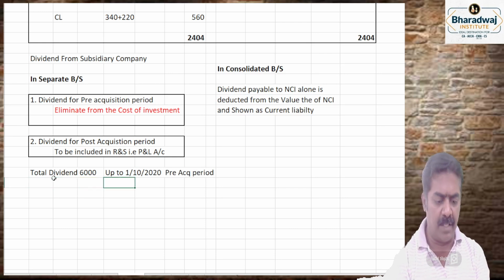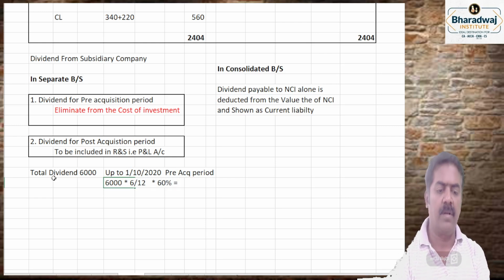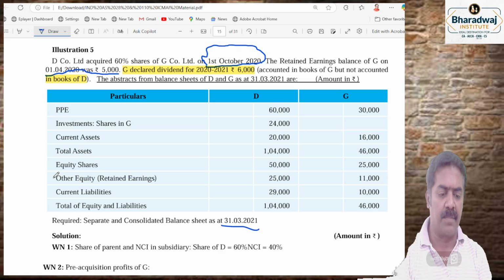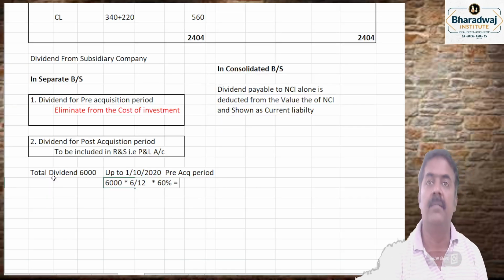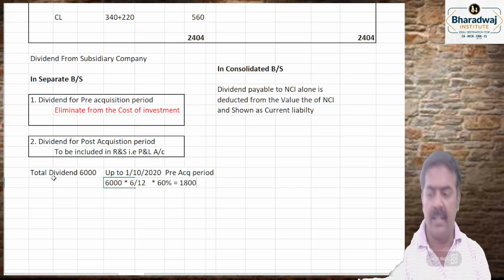The holding company's share in 6,000 into 60%, sorry, 6 by 12 pre-acquisition period into holding company's shareholding 60%. What is the amount? 6,000 into 6 by 12 into 60%. How much will it be? 1,800. It will be adjusted in which one?